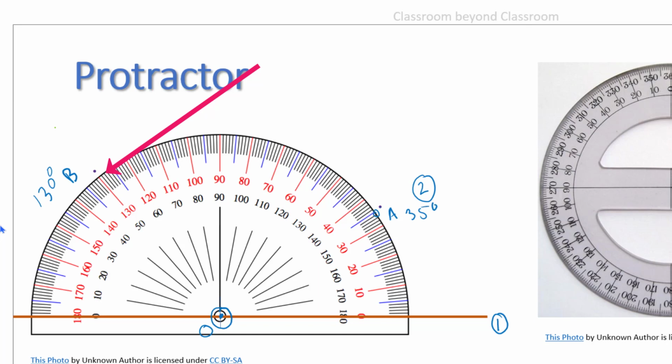So we mark this point B and point A using the protractors, and this point is already located, and this is the given line.